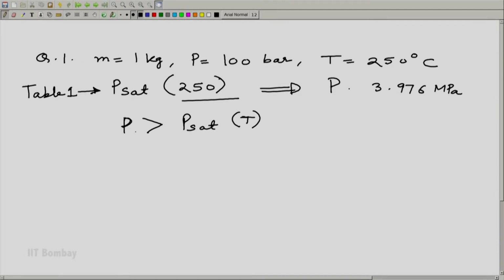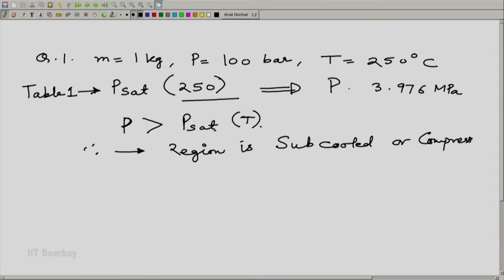So, P given is more than Psat because P given is 10 MPa, and therefore, we can say that the region is the subcooled region, subcooled or compressed liquid region or zone.